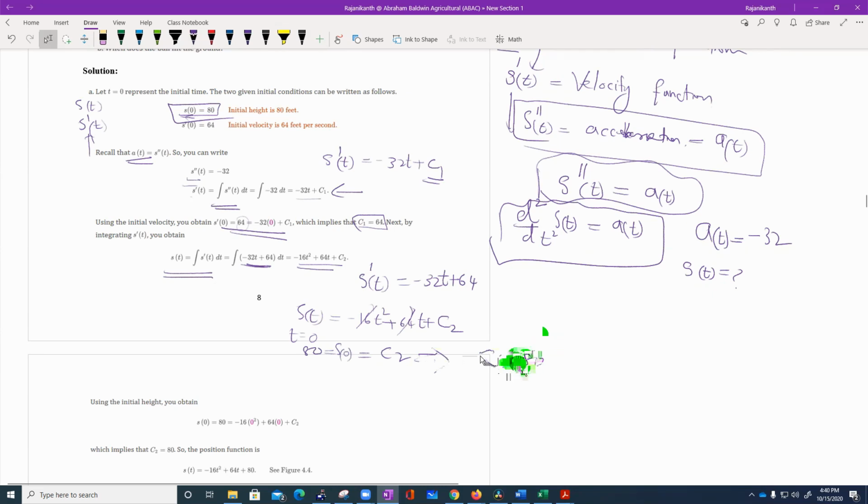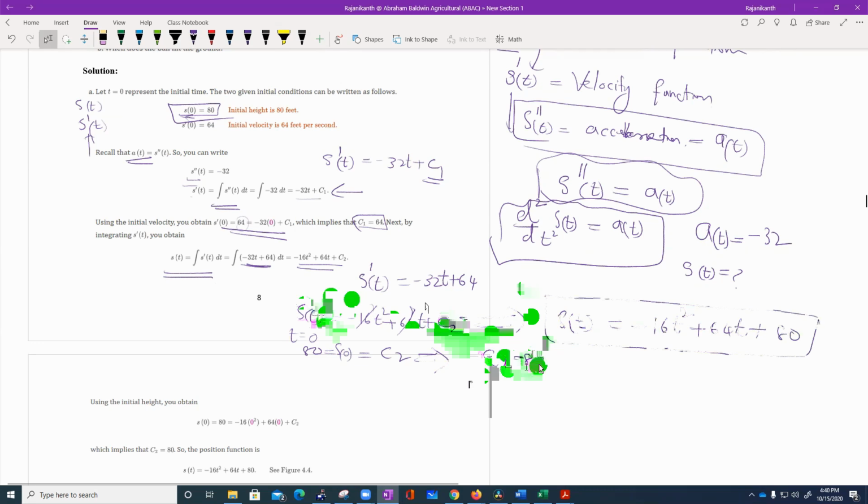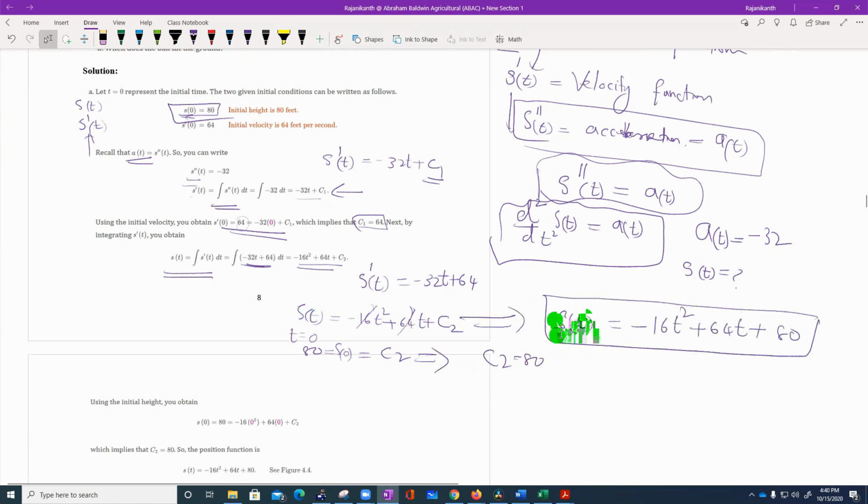Now you know the c2 constant, plug in here and you will find the final answer, the position function now. So my position function s(t) is now negative 16t squared plus 64t plus the second arbitrary constant, which is now 80. So this is our answer for part A. Right? Now this is the relationship between the position of that ball at any time t and the time t. Right? Very good problem this is.